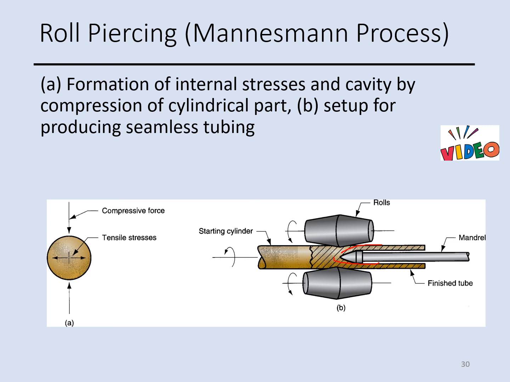This is a process for producing seamless tubing. Remember, if the compressive force that is applied by this mandrel is too much, then we may have some cracks in the internal feature of this tube.